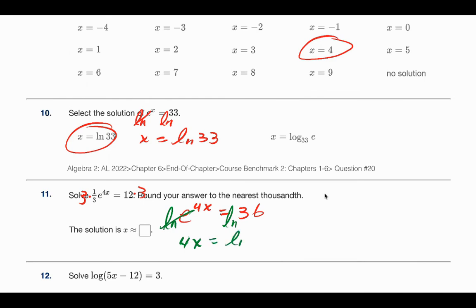So then on this other side, we still have the natural log of 36. And then to get x by itself, you're going to divide both sides by 4. So your answer is going to be the natural log of 36 divided by 4.